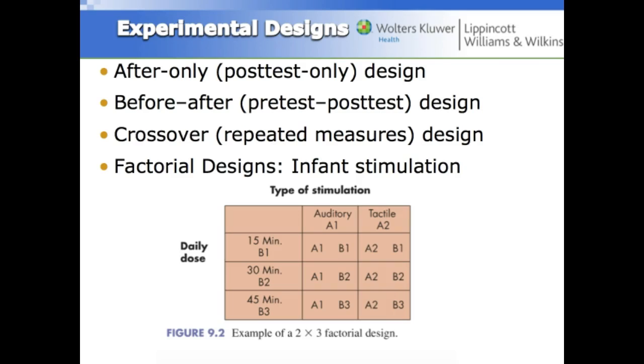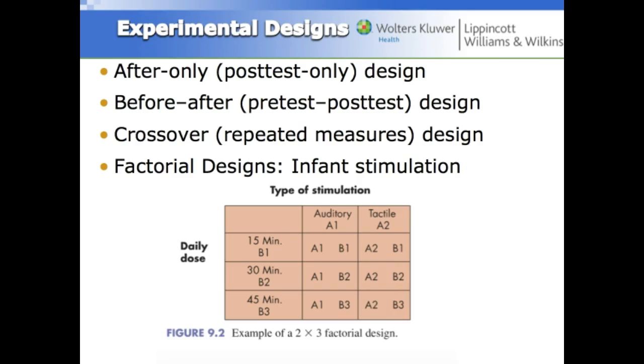Like factorial designs, if you're doing more than one independent variable. Here we want to look at auditory and tactile stimulation in a neonatal intensive care unit. We also want to look at it at different times.